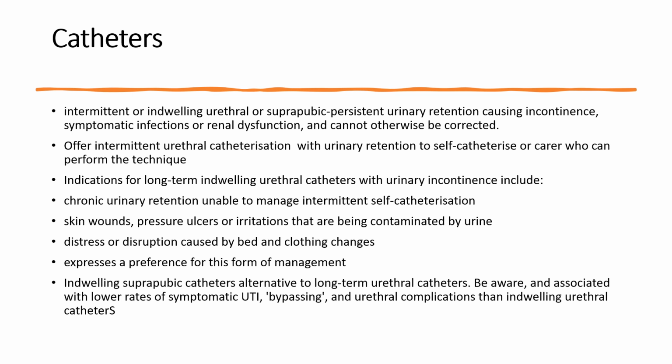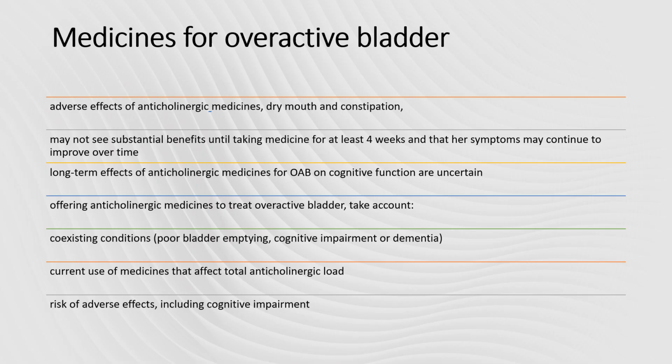the indwelling urethral catheters. So medicines for overactive bladder: patients should be informed that there are adverse effects of using anticholinergics like dry mouth and constipation. They may not see substantial benefits until they've taken the medication for at least 4 weeks, and symptoms may continue to improve slowly over time.